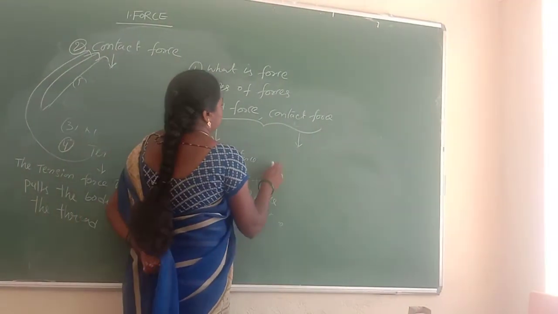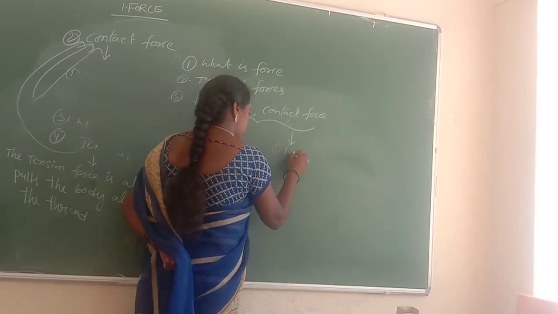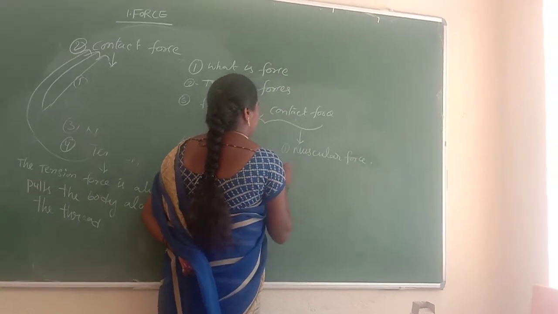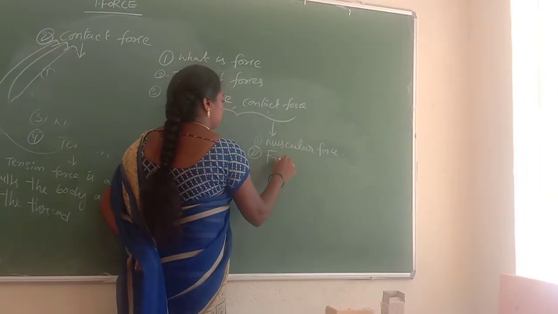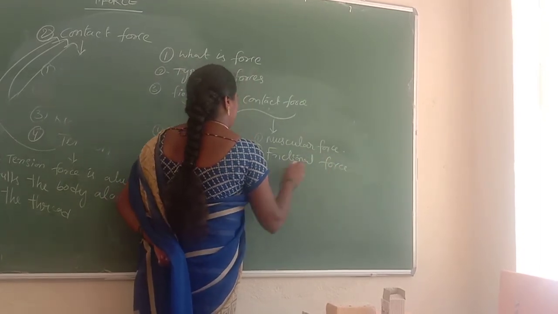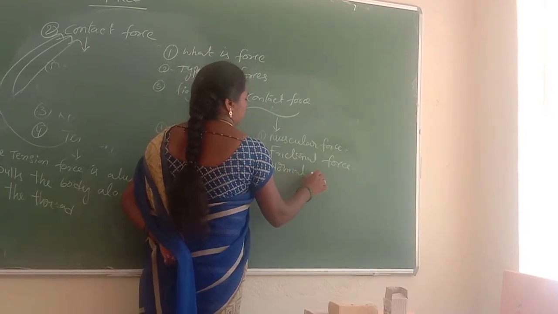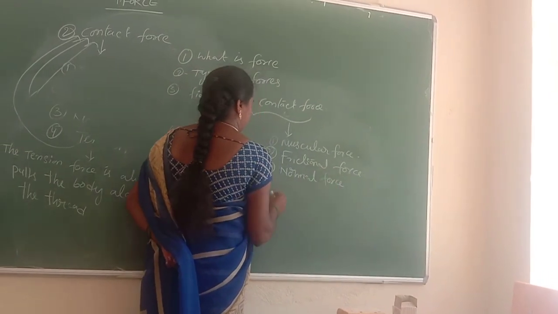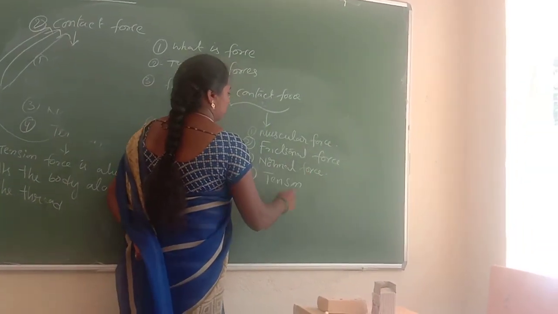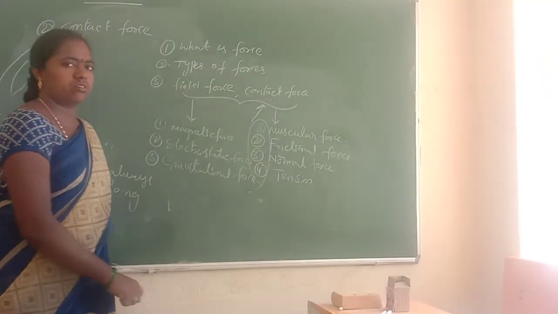And second one is contact force with examples. First one is muscular force, second one is frictional force, third one is normal force, and fourth one is tension. These four are examples of contact force.